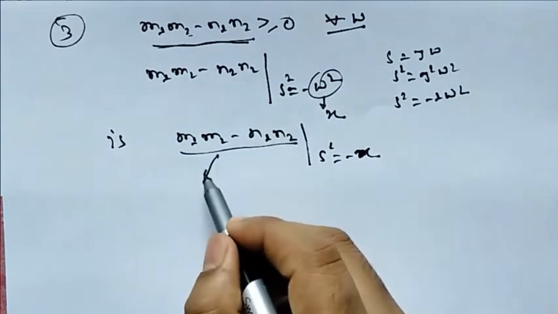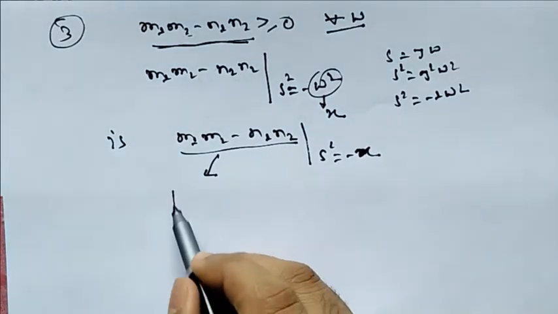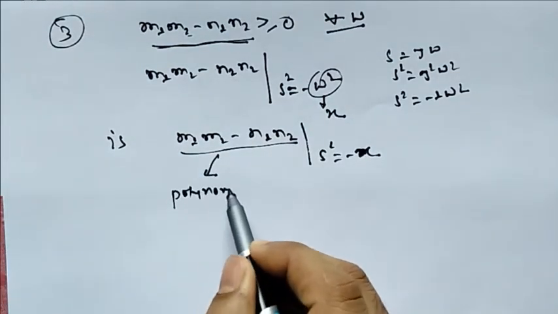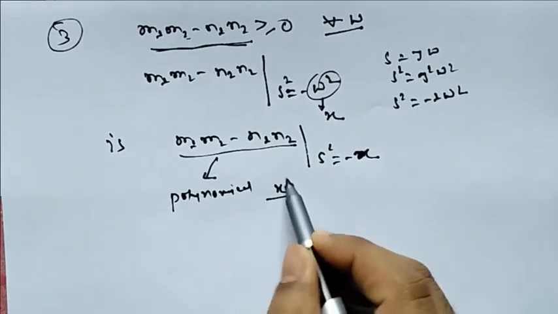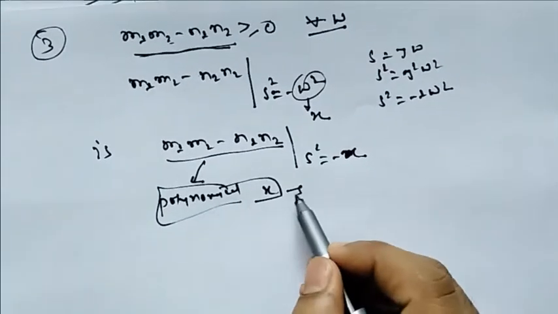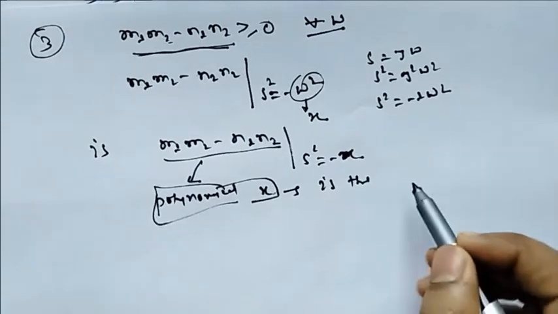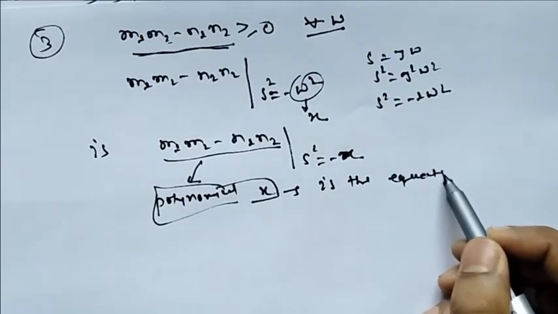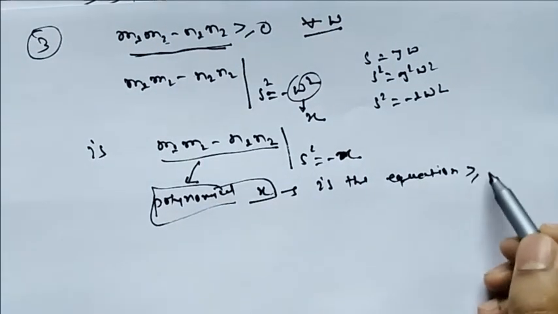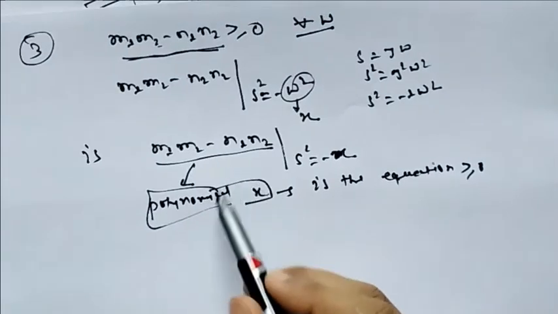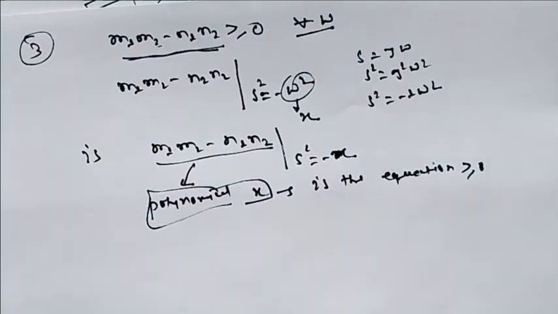Now this will simply become a polynomial in x, and we just check whether the equation is greater than 0 or not. Now this is the third point that we have taken into consideration.